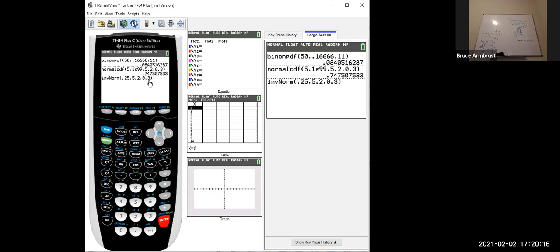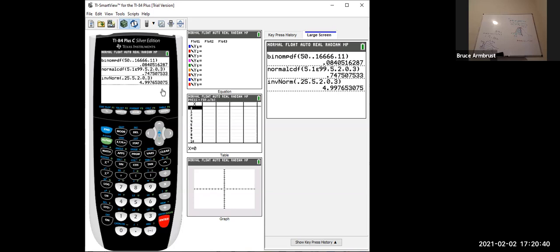There was our mean, our standard deviation. And so we get 4.99765. So basically the first quartile is 5. You can round that to 5. So 25% of people have less than 5 liters of blood.